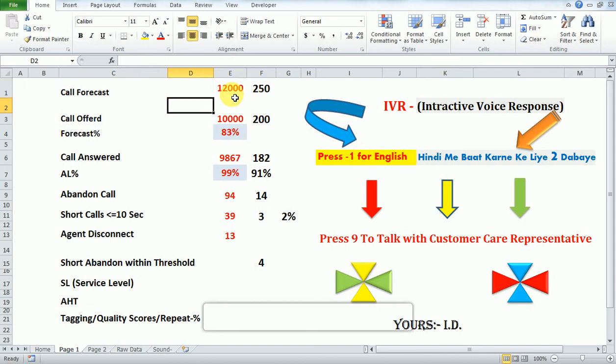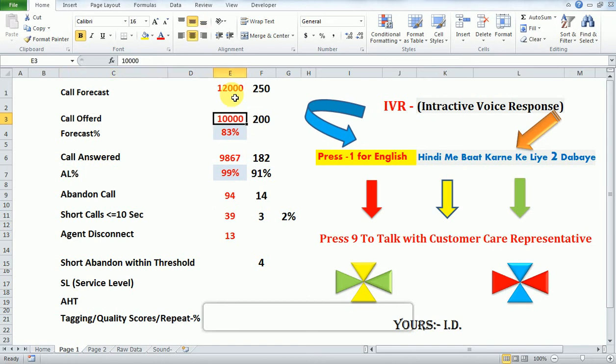And what is called offered? Offered means the calls he has actually offered to your center. It means he forecasted around 12,000, but your call center received only 10,000 calls that day. So that is called call offered.